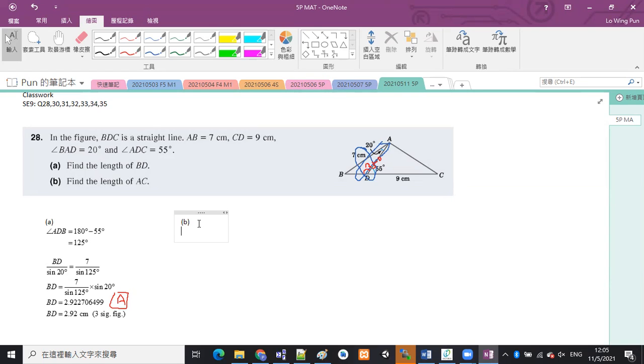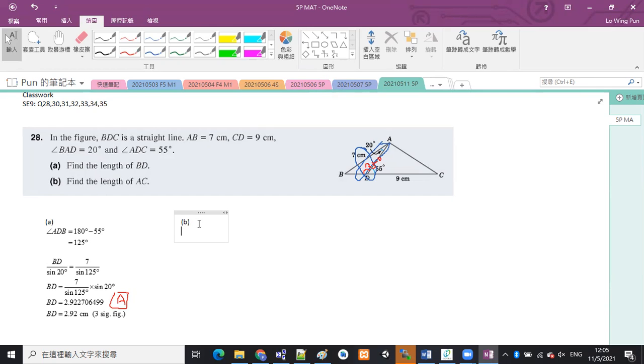Oh yes, good. Okay, and we have already found the length of AB, right? Okay, so in triangle ABC, we have got one length to be exactly 7 cm, and then second length BC, which can be calculated. That is the answer of part A plus 9. And then angle A point C, this angle can be calculated by using the angle sum of triangle, right?